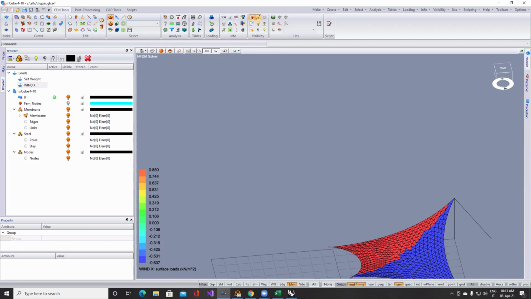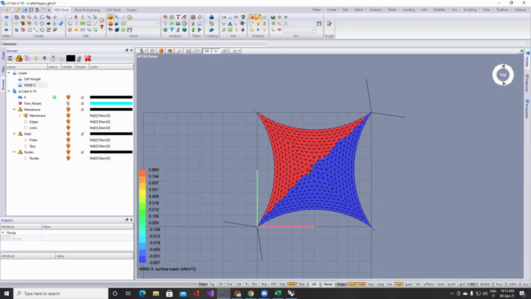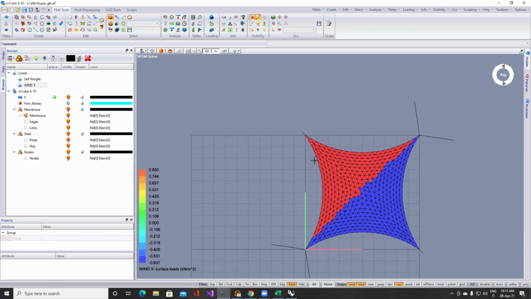This is the value, the CP value. What makes the difference is my selection. It's not really a wind X. The name is not really correct. It should be wind minus 45 degrees.